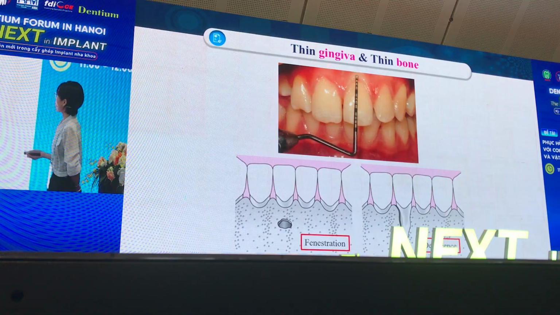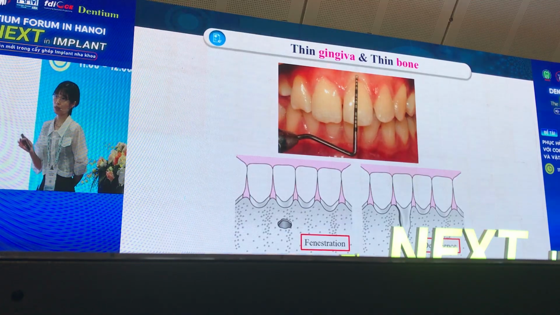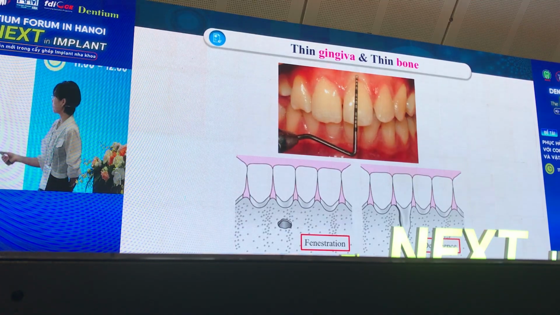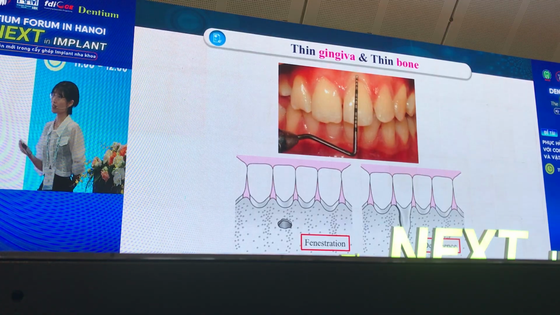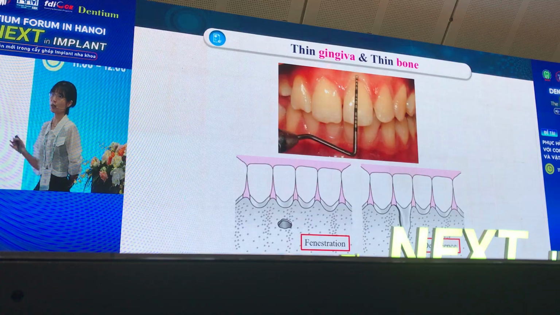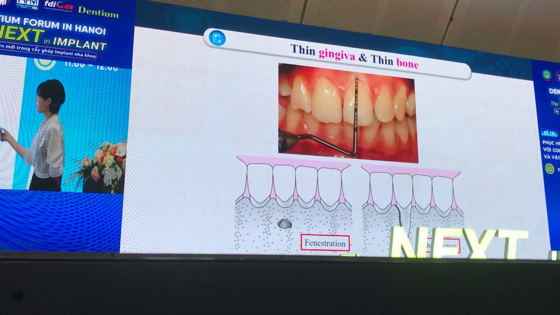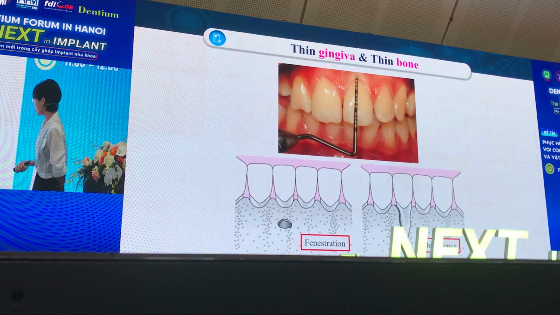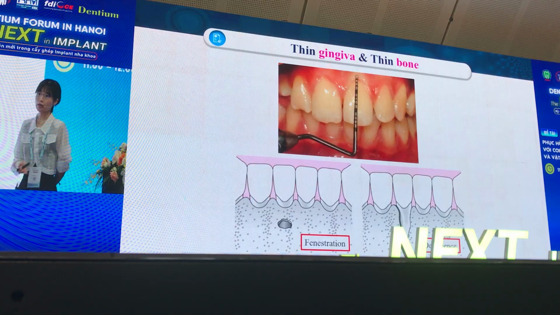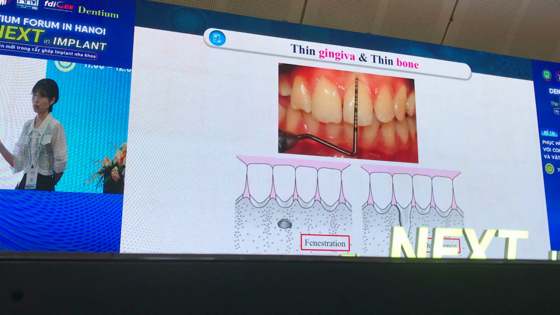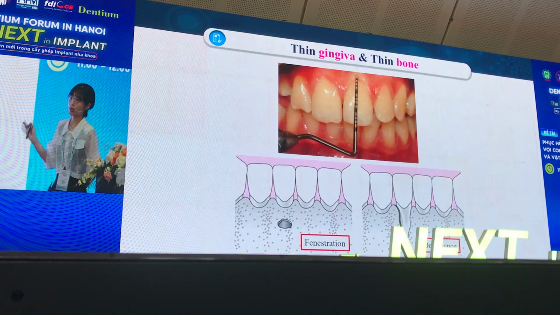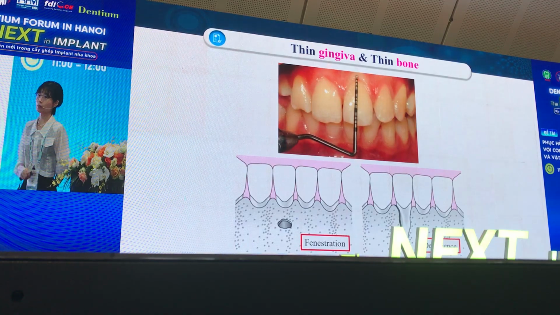In the case of thin bone, it can easily cause bony dehiscence and also descent. In the case of thick gingiva, it doesn't matter, even though they have bony dehiscence or descent. However, in the case of thin gingiva, it can cause gingival recessions. That means a decrease of the aesthetic point.